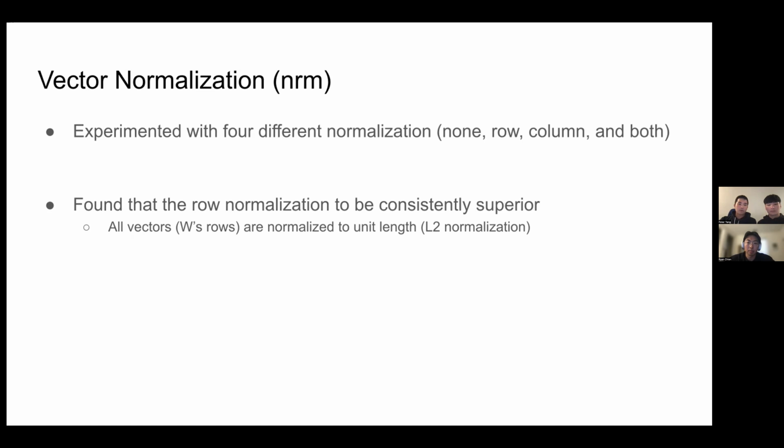So that's what they decided to stick with for the rest of their experiments, and the following discussion and conclusion we'll talk about later. All the word vector rows are normalized to unit length, which is the L2 normalization, so that the cosine similarity and the dot product are equivalent after the normalization. And vector normalization is applicable for all 4 methods, and it's applied in all the results.